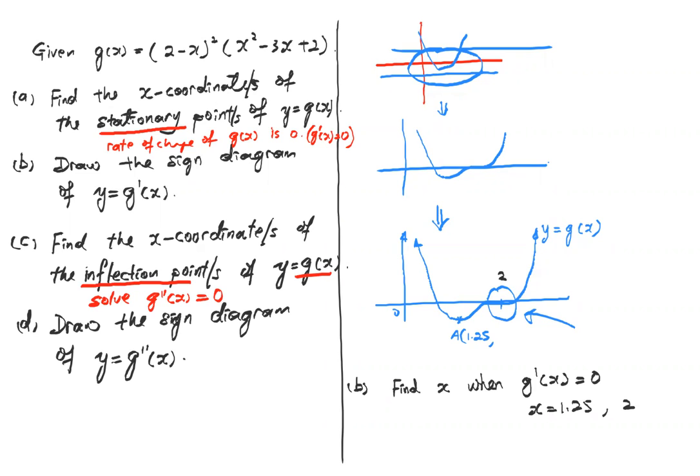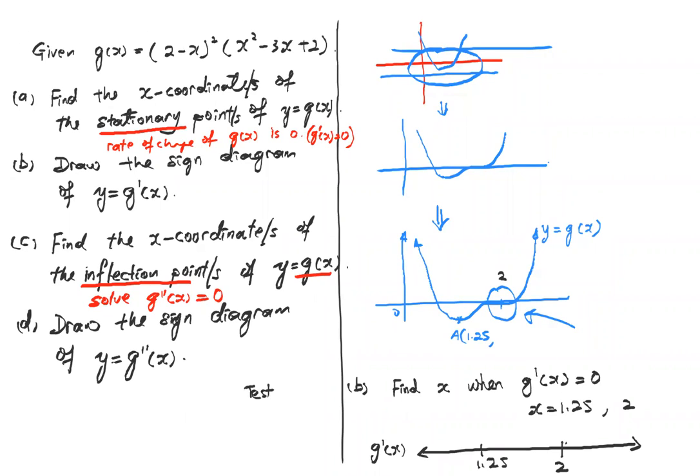Okay, so now g'(x). Mark here 1.25 and mark here 2. Okay, if you have a look at the sign diagram or at the graph, you should know the sign of g'(x), correct? Or if you don't know, you can use your graphic calculator to test it out. How to test?